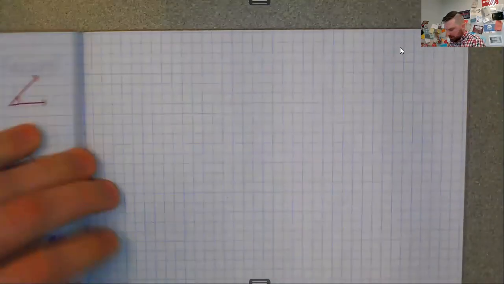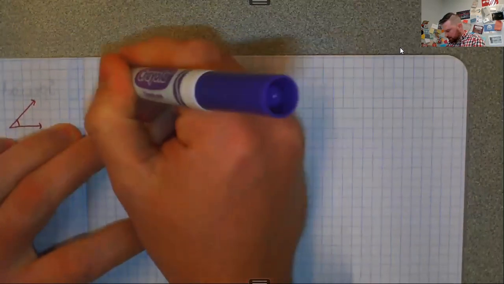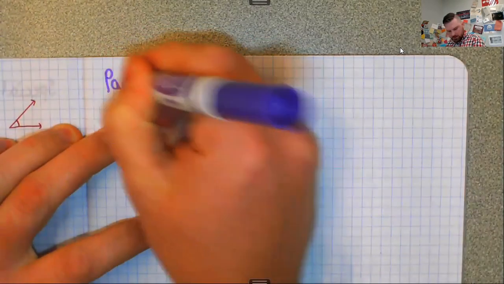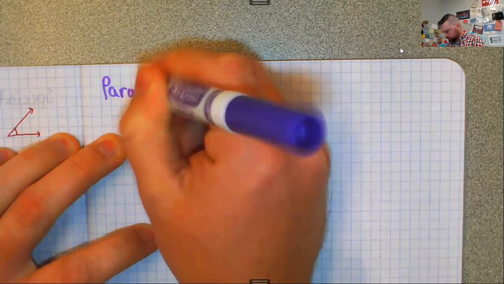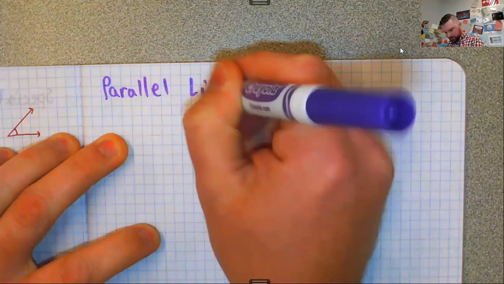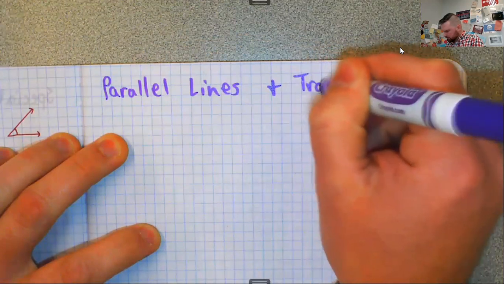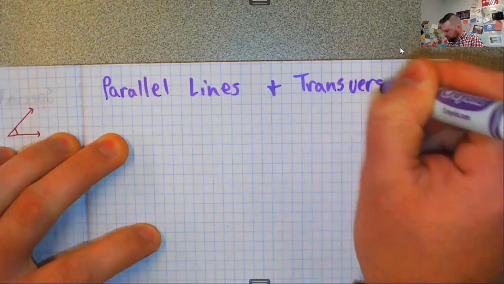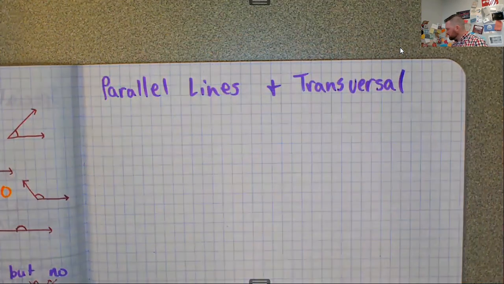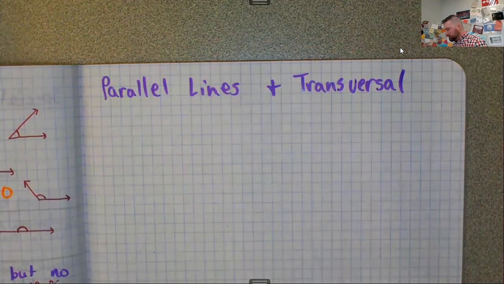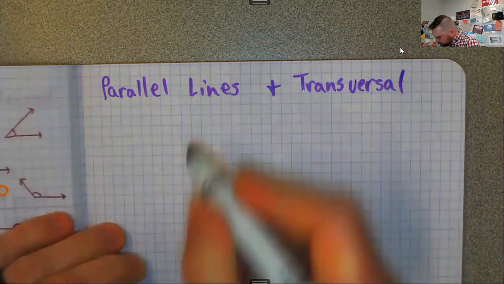So on page 35, we will title that parallel lines and transversal. As you guessed, we will have parallel lines.